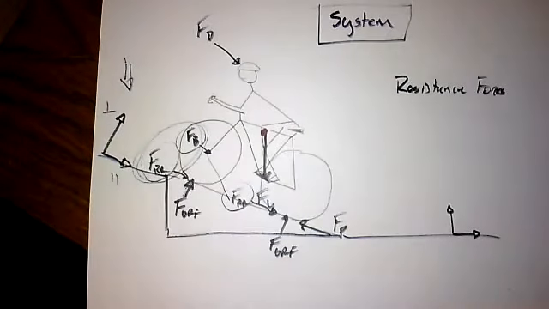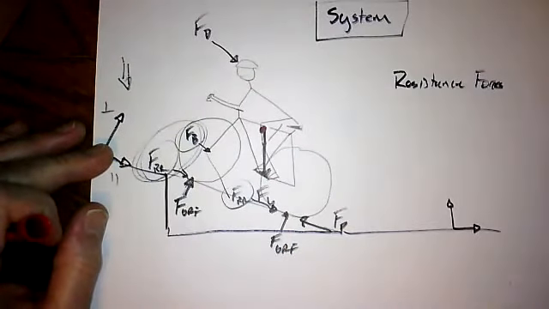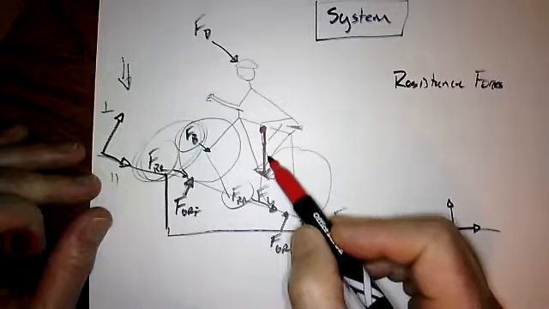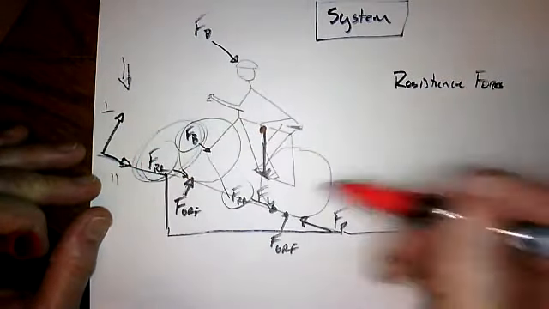All right, so all we need to do is decompose this force vector into these two components, because this force vector is not relative now to this reference frame. And it's easy to do.